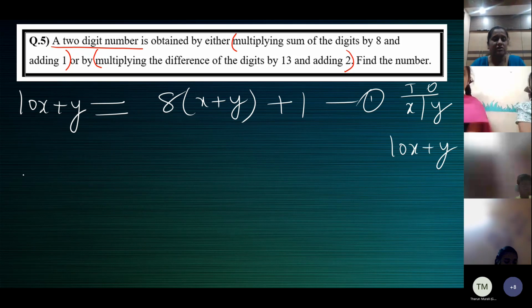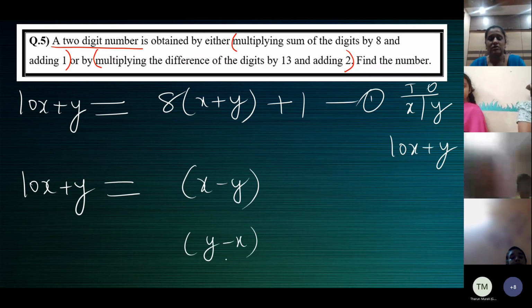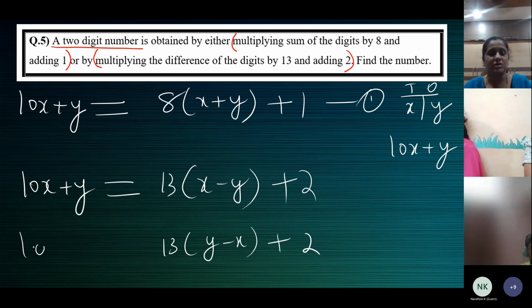Or the same two-digit number can be got by multiplying the difference of the digits by 13. The difference of the digits can be x minus y or y minus x. The difference is multiplied by 13 and 2 is added. Like this, you can get the two-digit number.